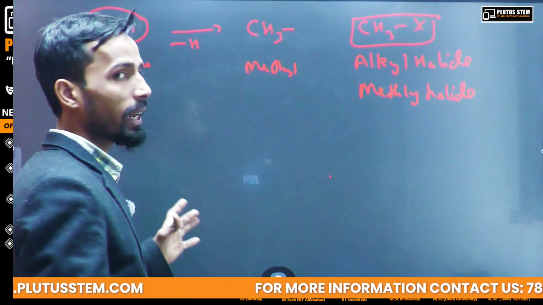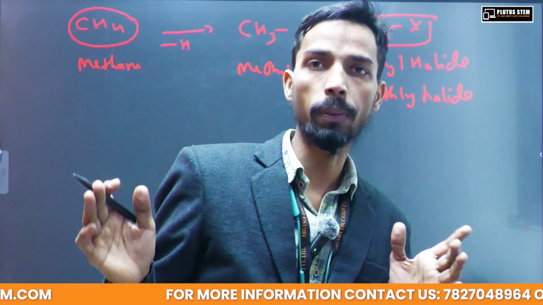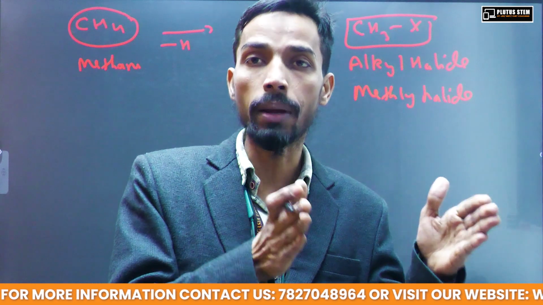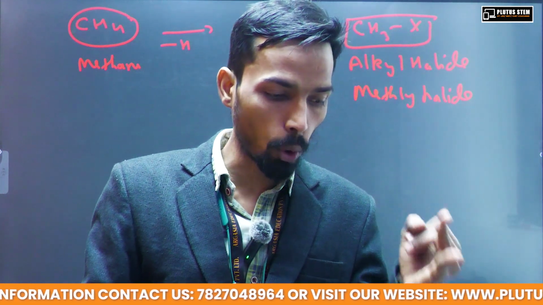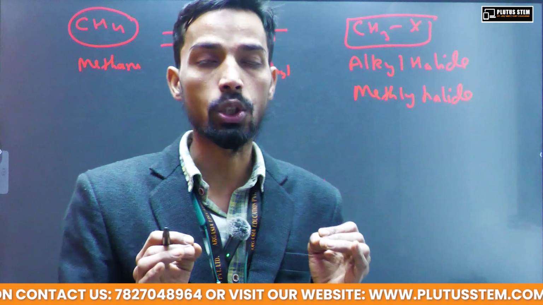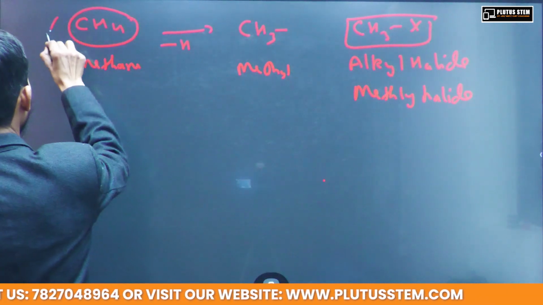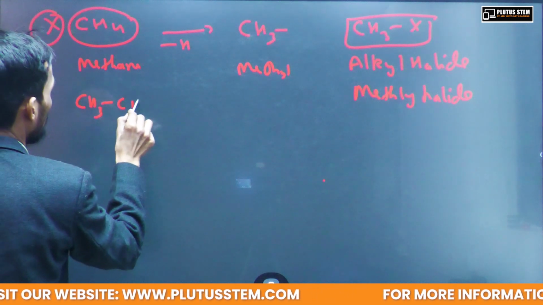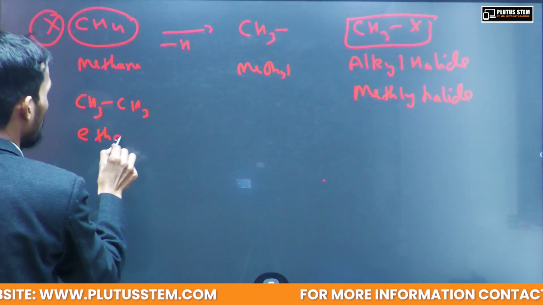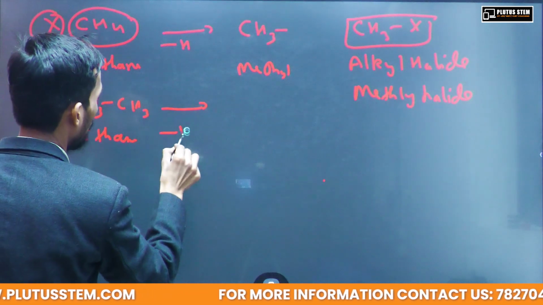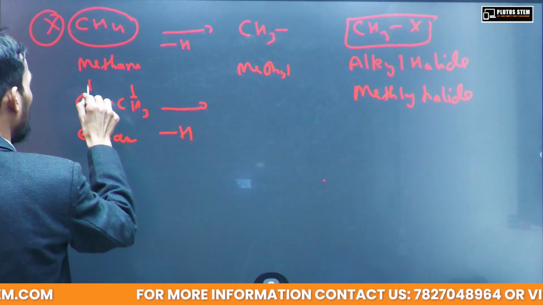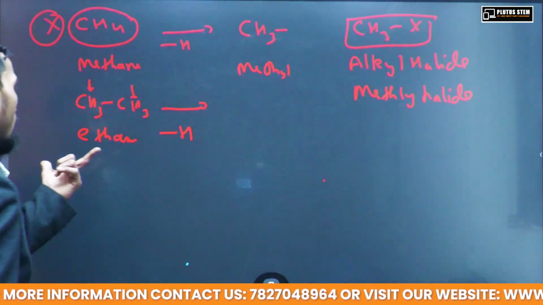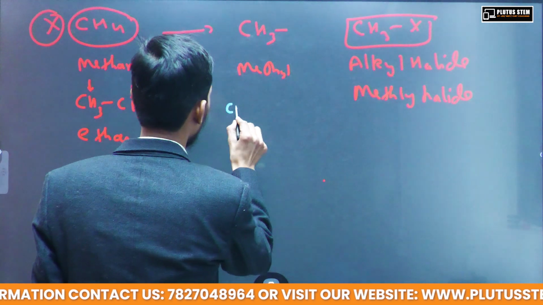If you see the IUPAC name, we have seen in isomerism, when we discussed general, that the starting three members, methane, ethane and propane, don't have any isomers. So methane doesn't have any isomers. In the same way, CH3-CH3 is our ethane. After removal of one hydrogen from either side, both the hydrogens are the same, so you can remove the hydrogen from any side.